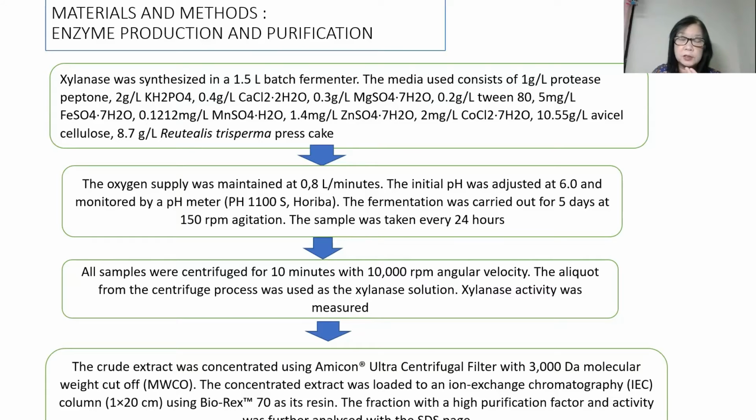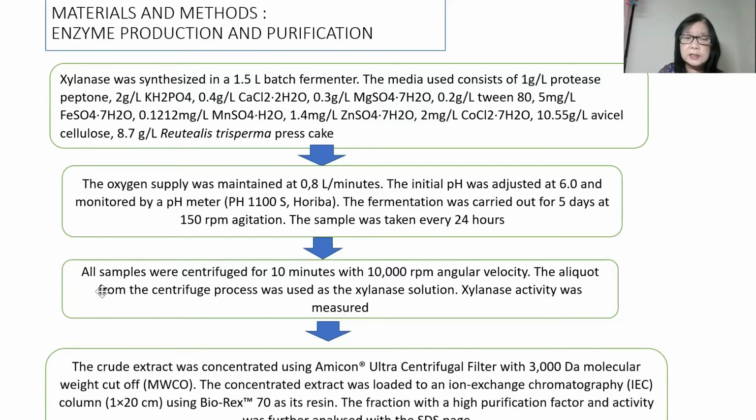The sample was taken every 24 hours because we would like to analyze the activity of xylanase. All samples were centrifuged for 10 minutes, and then we got the aliquot. The aliquot is the xylanase solution. Once we get the xylanase solution, we can measure the xylanase activity. Then after that, we need to concentrate.